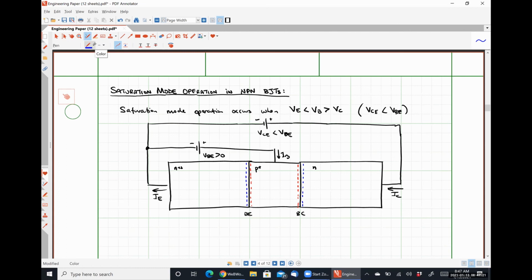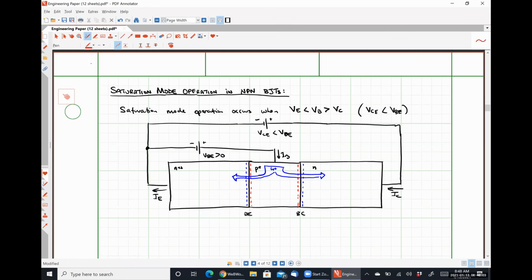So let's start by talking about what the holes are going to do, all right? So if both of these junctions are forward biased and we are looking for what's happening with the holes, we should observe that some holes are going to split off and flow from the base to the emitter. And some holes are going to split off and flow from the base to the collector, right?